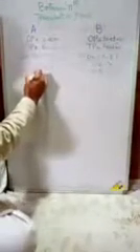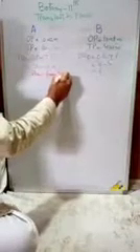We know that, if we look at the calculation, water will flow from lower DPD to higher DPD.